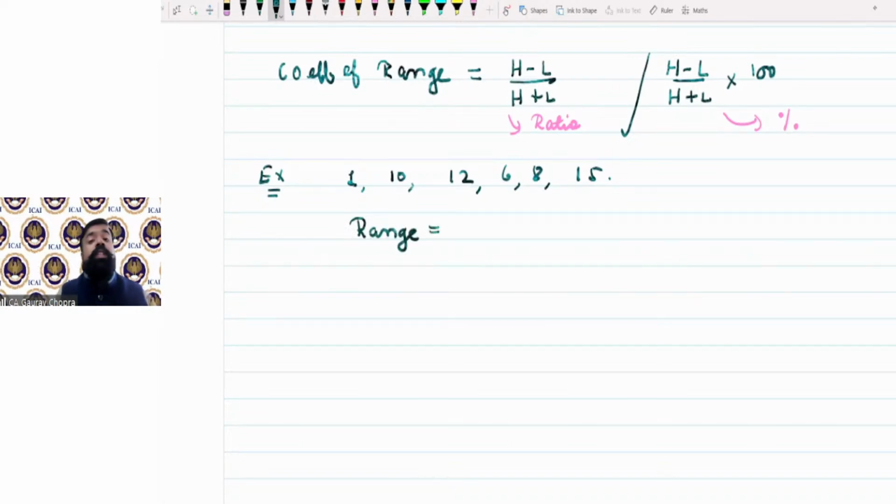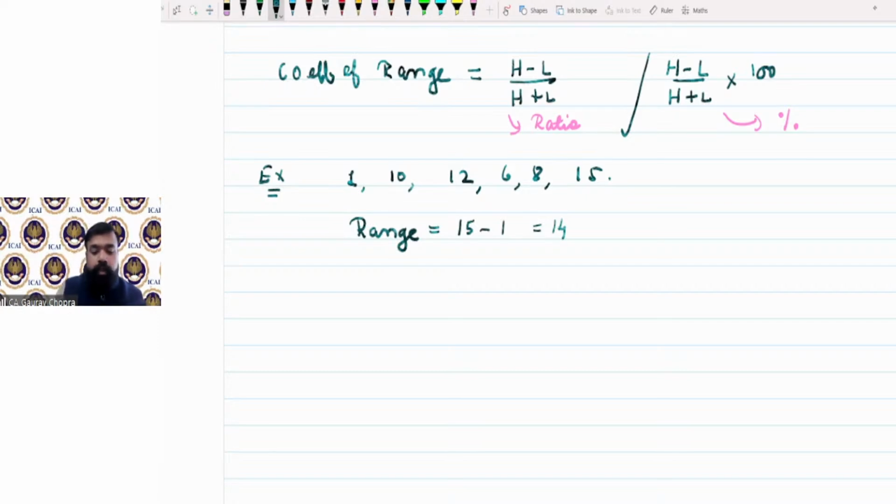So range is highest value minus lowest value. The highest value in this series is 15, and the lowest value is 1. So 15 minus 1 gives us 14. So 14 is the range.